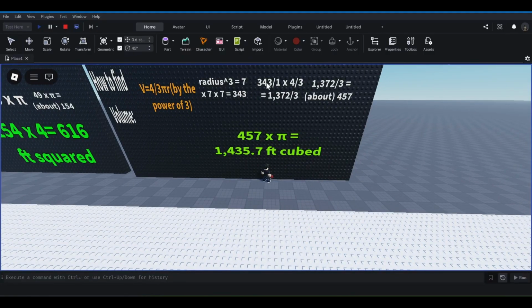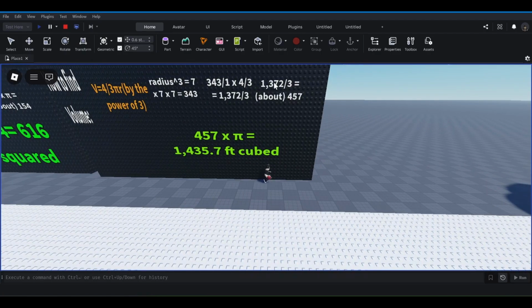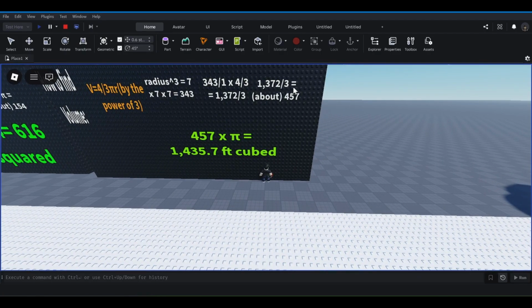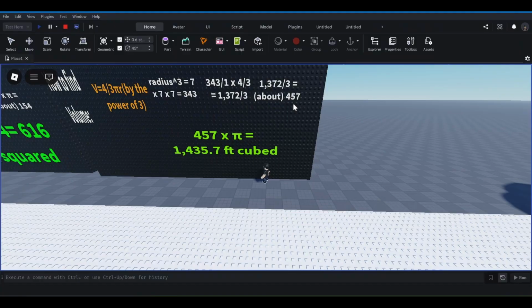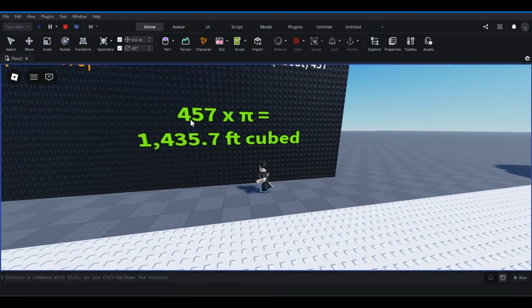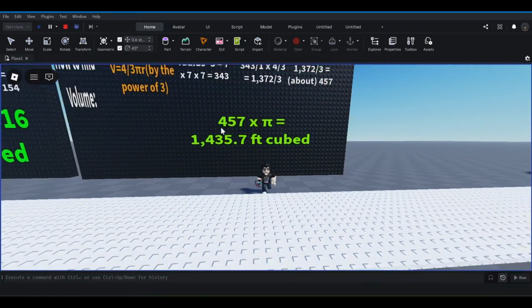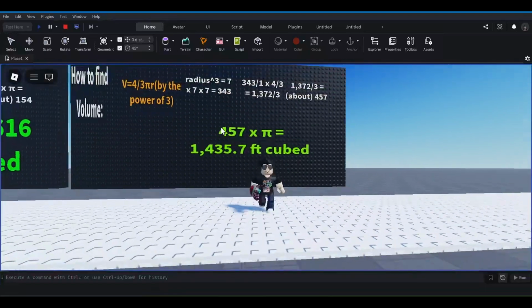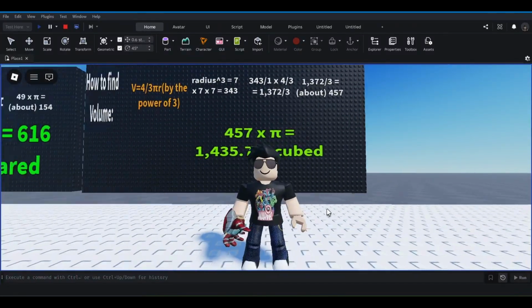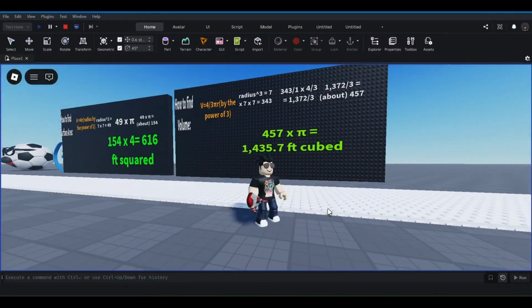And so if we have 343 times 4 over 3, it equals 1,372 over 3, which is about 457. The decimals are super long. So 457 times pi equals 1,435.7 feet cubed.